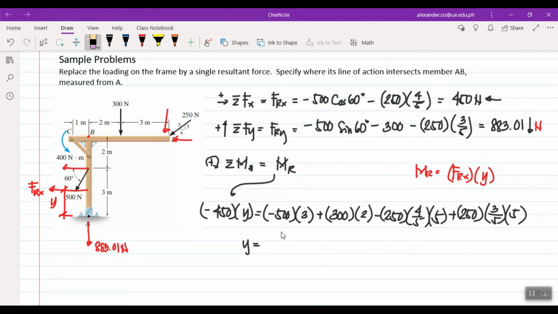Kasi wala akong nailagay na component. Napansin ko lang nung magko-compute na ako, eh. So, it's negative 500. Kakasyahin ko na lang. Cosine 60 times 3. Okay, nakalimutan ko yung cosine 60, ha? Okay, so ito na po.